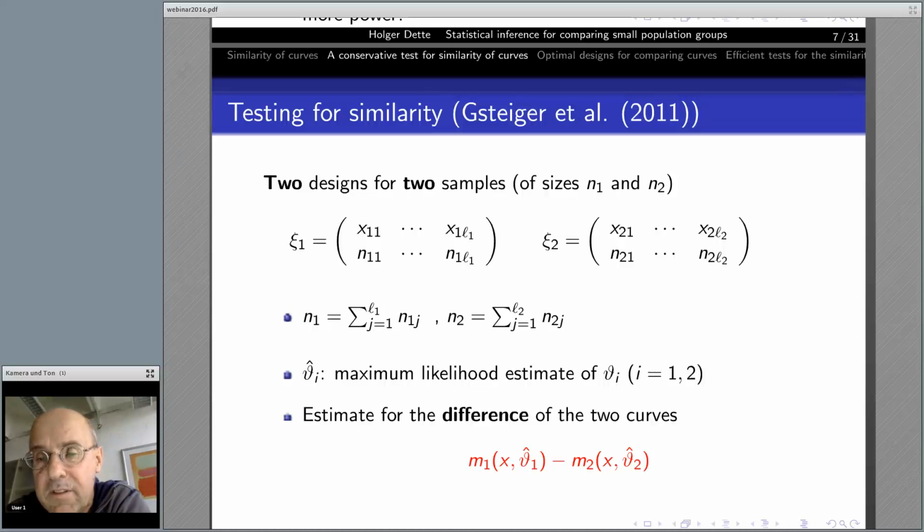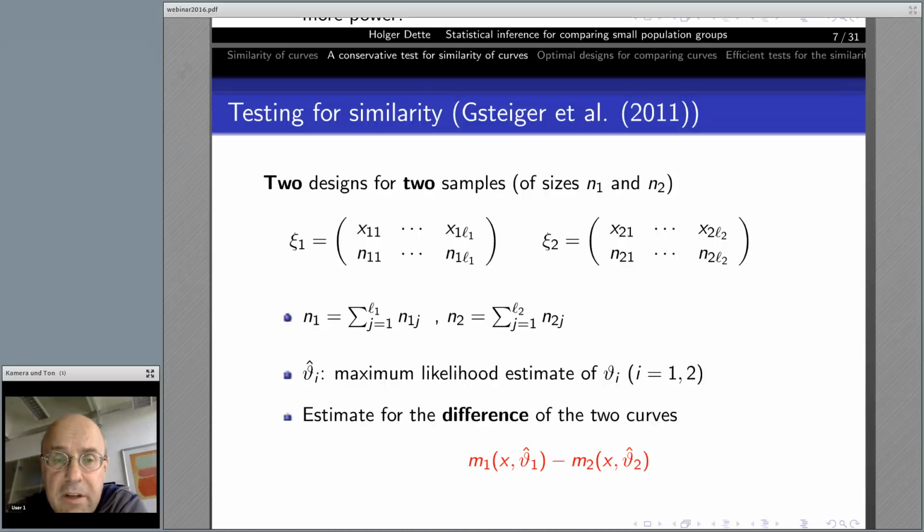The same holds for the second sample: we have dose levels x21 up to x2L2, and at x21, for example, we have n21 observations. This is called a design in the literature, and it is denoted by the Greek letter psi1 for the first sample and psi2 for the second sample. This is just an abbreviation.